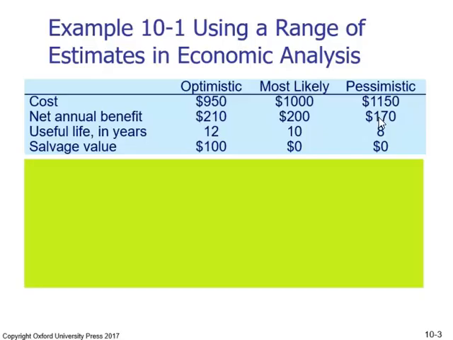And the pessimistic is the smallest one. The revenue is small. And in terms of useful life, in optimistic, you are going to enjoy a longer life of your project, your investment. You are going to make this 950 and you are going to enjoy it for 12 years.